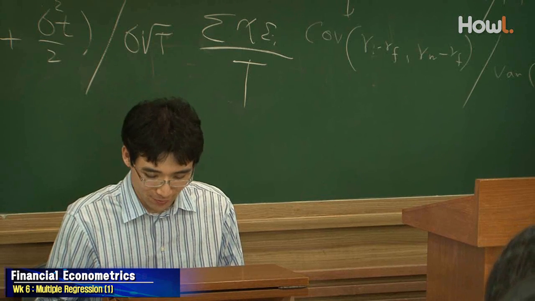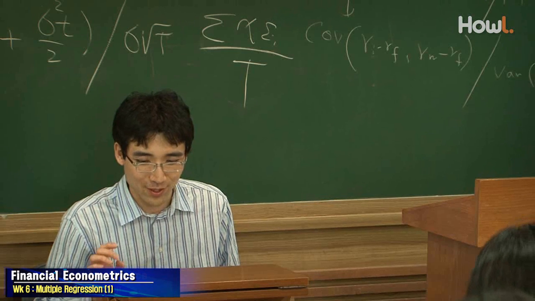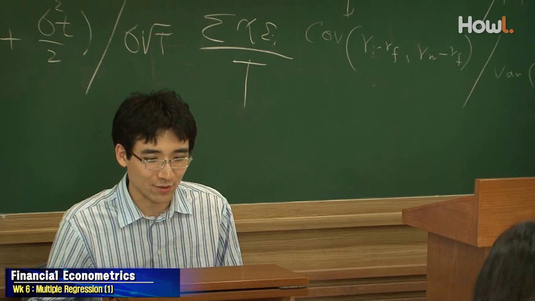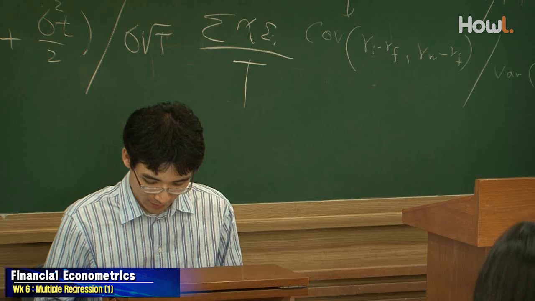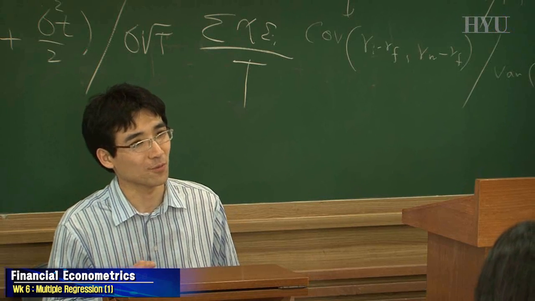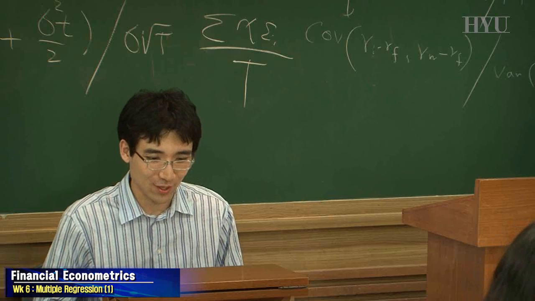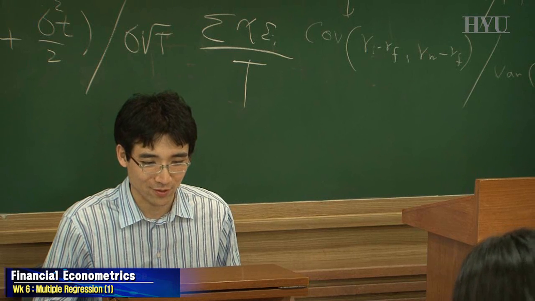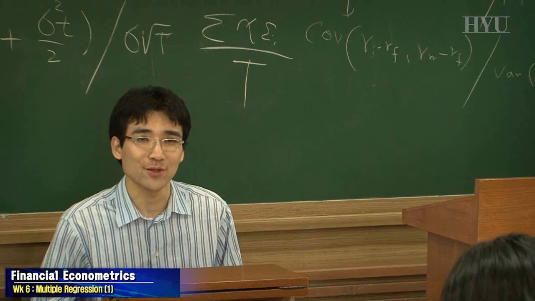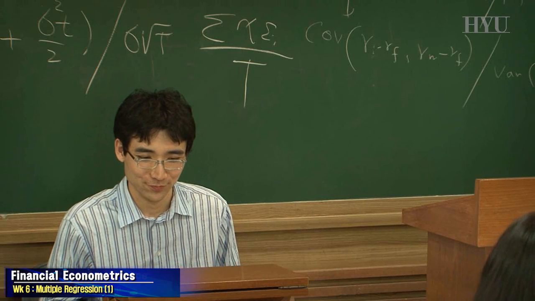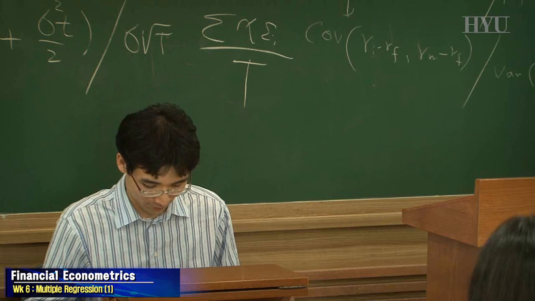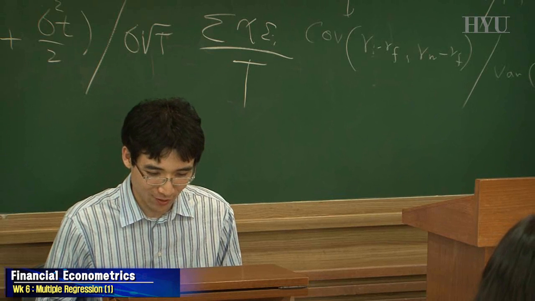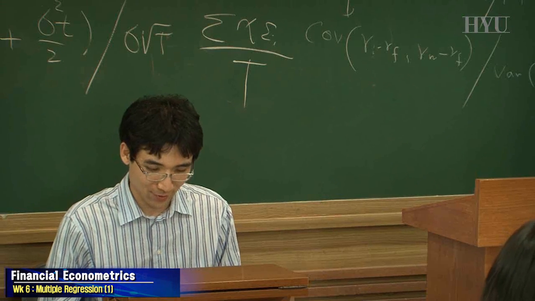T minus n minus 1, and we know n is 3, which is the number of factors, three factors. So multiplied by e, sum e.